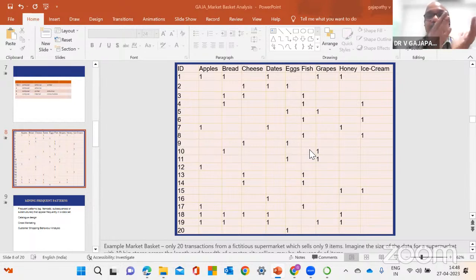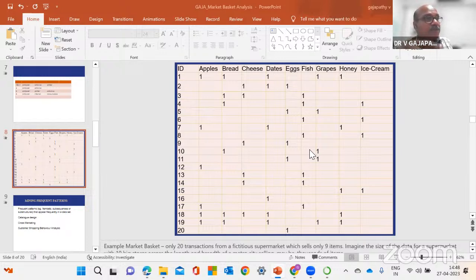See, for example, I will tell you another very good example. Say, those who are buying bread are also buying eggs, and then they are buying honey, and then they are buying apple.